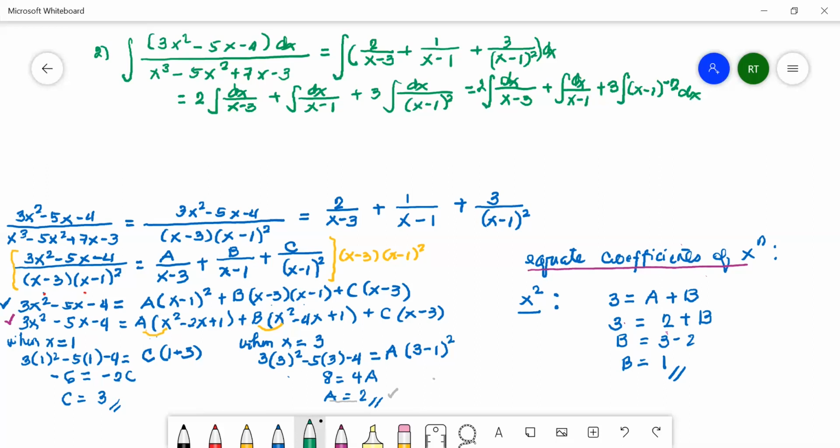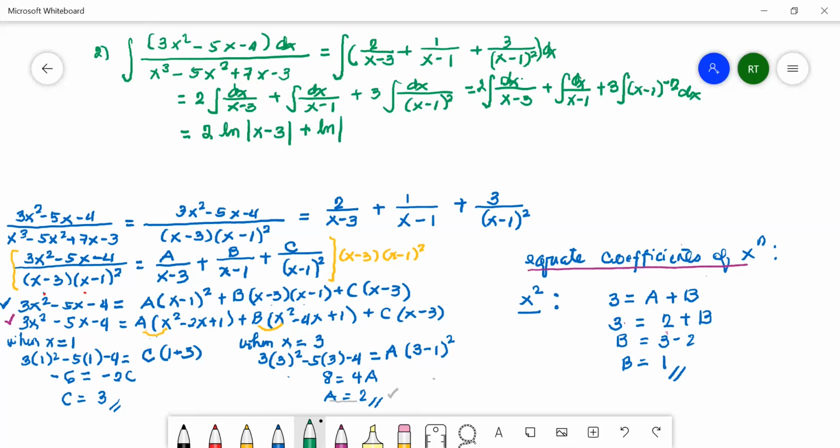Okay, so evaluating the integrals, okay, integral of dx over x minus 3 leads to natural logarithm of the denominator x minus 3. Okay, it can be evaluated by the integral of du over u leads to natural logarithm of u. Okay, then the second integral of dx over x minus 1 leads to logarithm also. The numerator is the exact differential of the denominator.